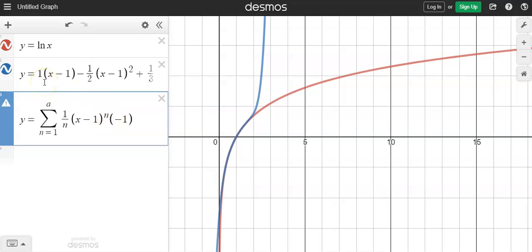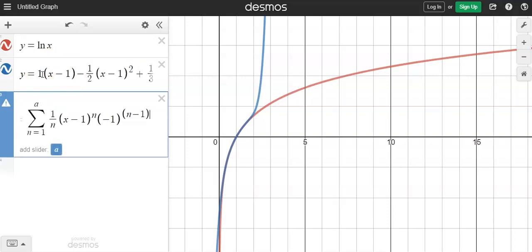When n equals 1, negative 1 to the 1 would be negative 1, turning this whole first term negative. I don't want it to be negative, so I'm going to make my exponent n minus 1. When n equals 1, 1 minus 1 is 0, and negative 1 to the 0 is positive 1. Yay! When n equals 2, 2 minus 1 is 1, and negative 1 to the 1 is negative 1, making the term negative. Yay!